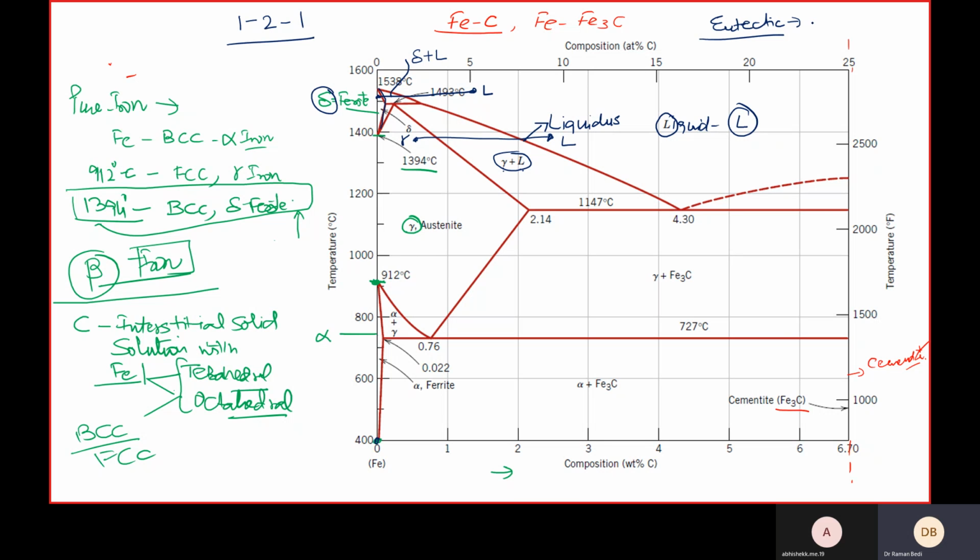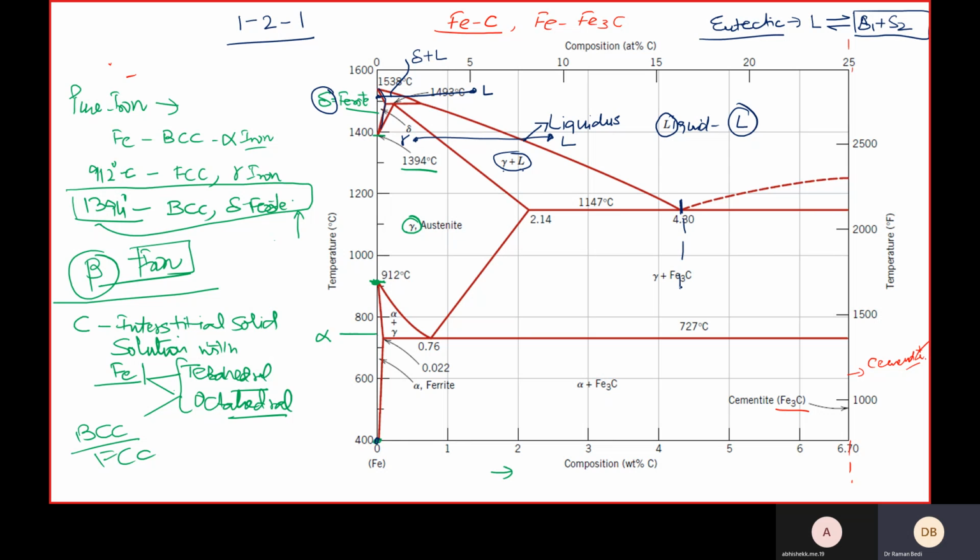Another way to say that is, a liquid phase on cooling or heating gives rise to two solid phases, S1 plus S2. Can you find any such reaction here where a liquid phase is directly converting into two solid phases? We find that is happening at this point.